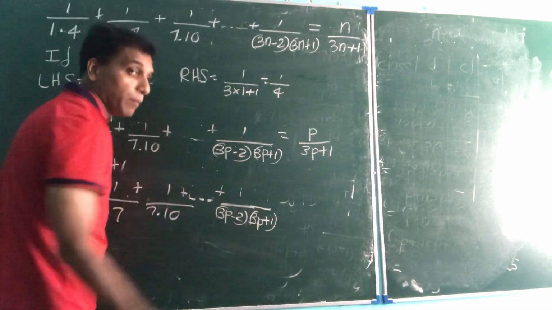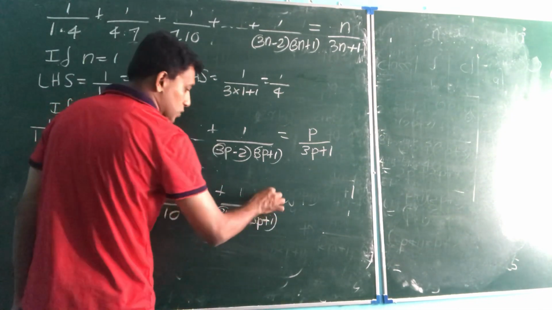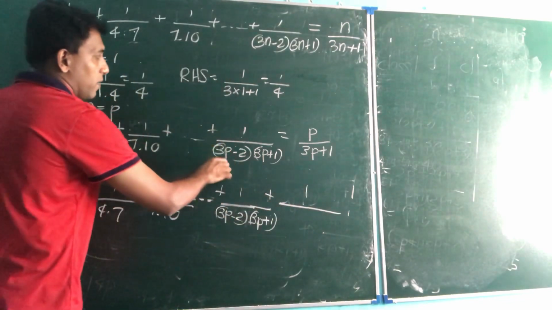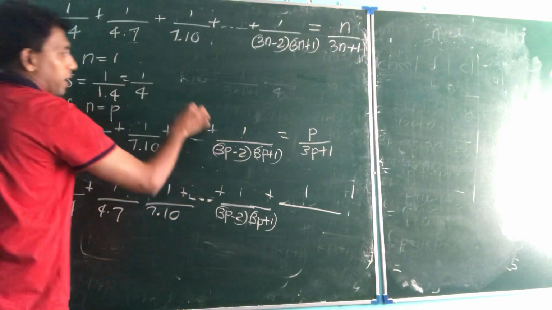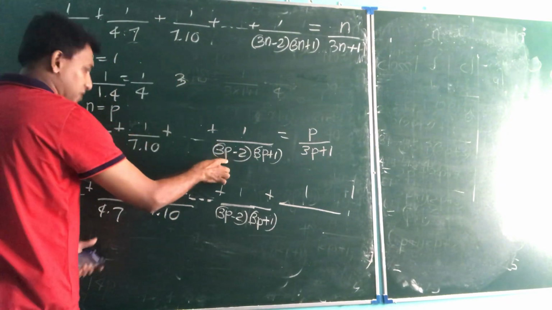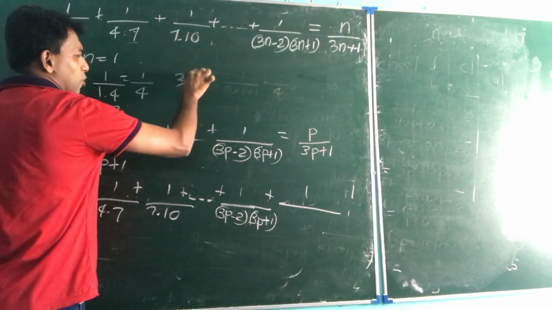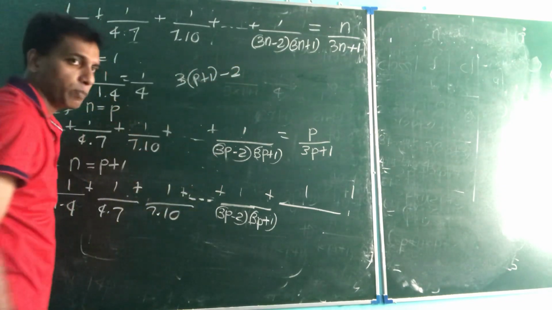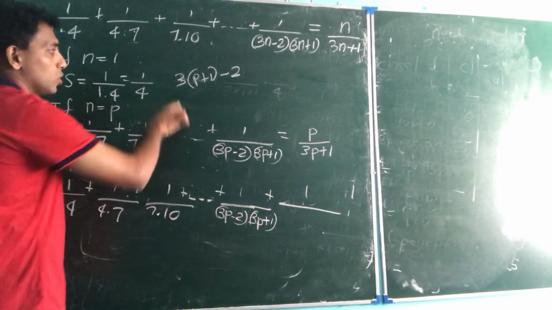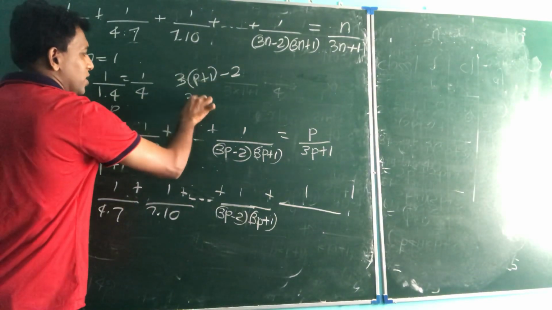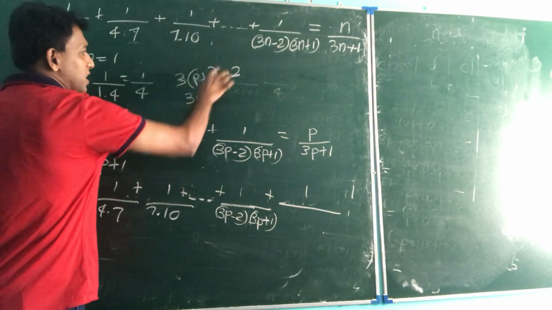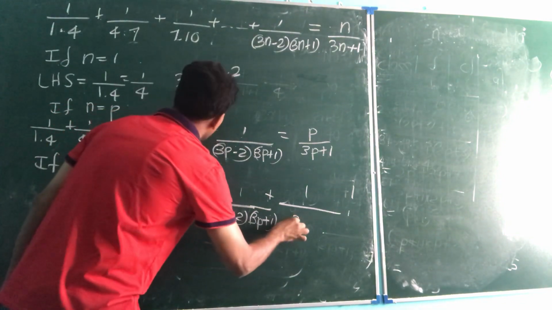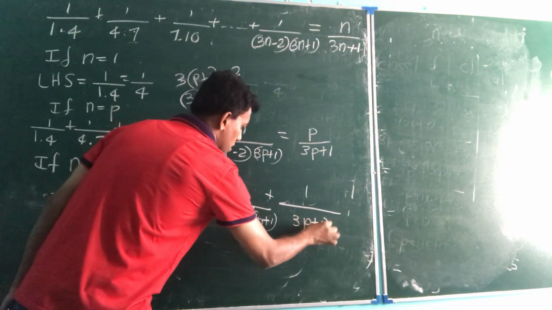So the other term, the p plus 1's term, that is 1 over, what? If you put p plus 1 for p, 3 times (p plus 1) minus 2, so 3p plus 3 minus 2, that is 3p plus 1.